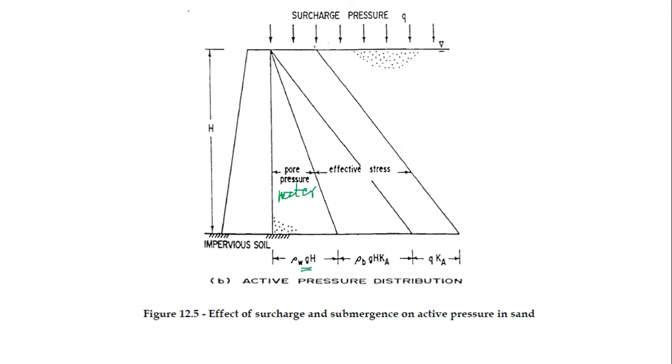Rho W. Here for pore pressure we are considering the water. When we have water up to the depth H, the pressure distribution for that is rho G H, where rho is the density of water, G into H. Then here rho B into G into K, so this is for the regular soil.